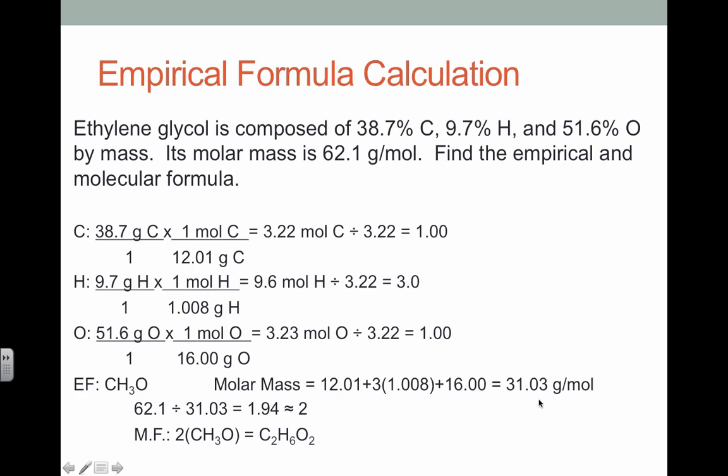So the empirical molar mass is 31.03. So we divide the molecular mass by the empirical mass, which is about 2, which means that the molecular formula is double the mass of the empirical, and so every subscript gets multiplied by 2. So that's the difference between the empirical and molecular formula.